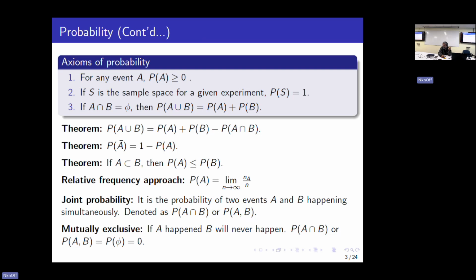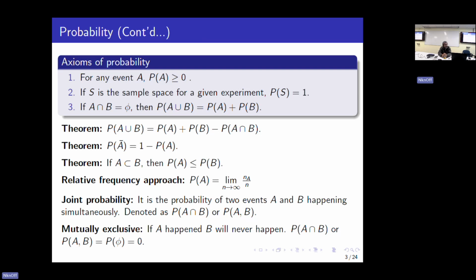With 10 samples, maybe 8 heads and 2 tails come, so we are confused that the probability is not matching. But if you do it 100 times, you will see it's coming half and half, more or less. Then with 1,000 and 10,000, it's still more or less half and half. So the limit as n tends to infinity, where n is the number of trials, of the number of occurrences Na of the event divided by the total number of trials. This is called the relative frequency approach.